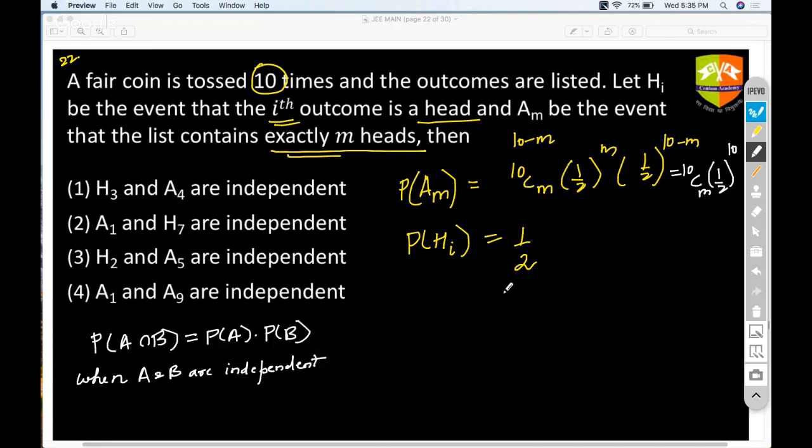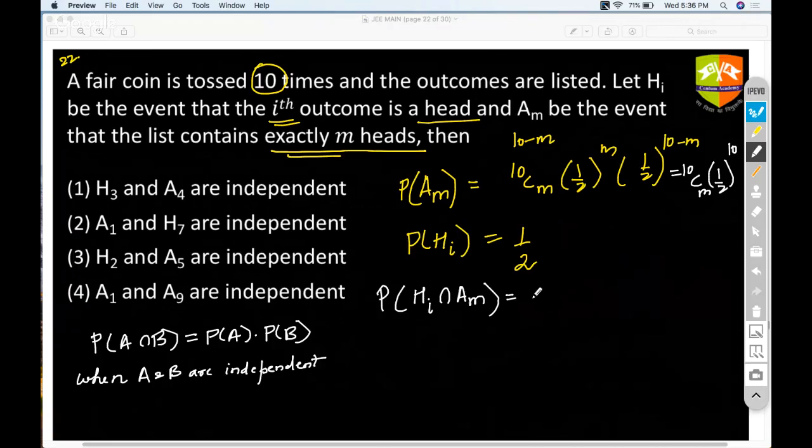Okay, so if I say what is the probability of HI intersection AM. That means you want your ith outcome to be head, and you want exactly M heads to appear.